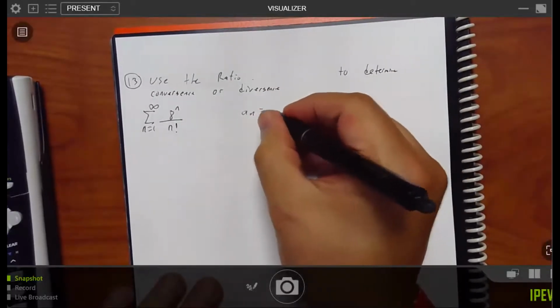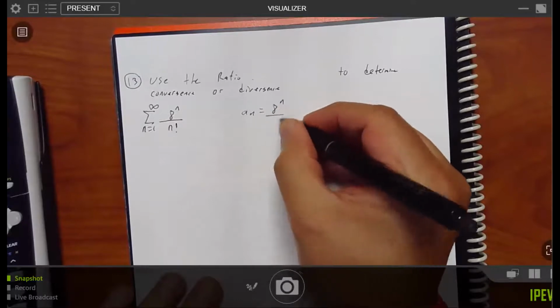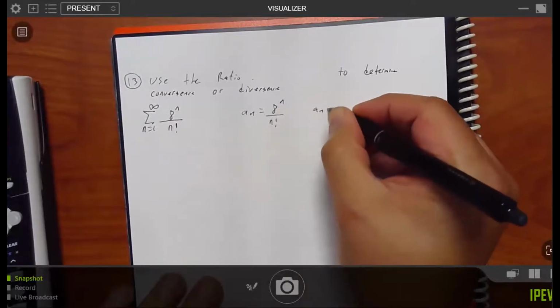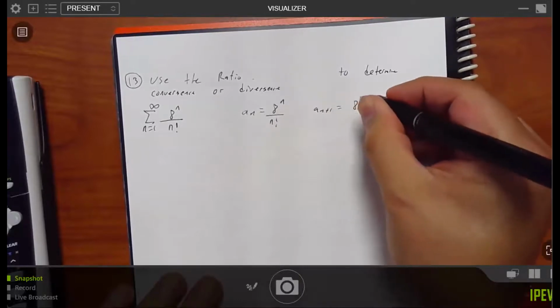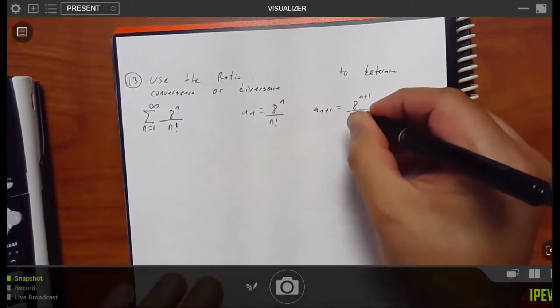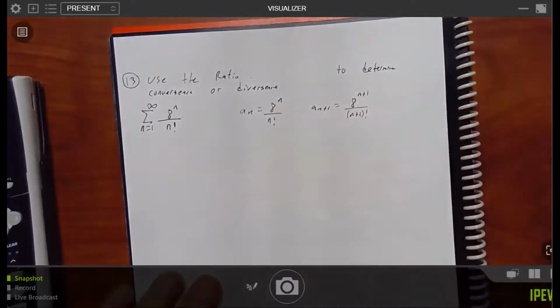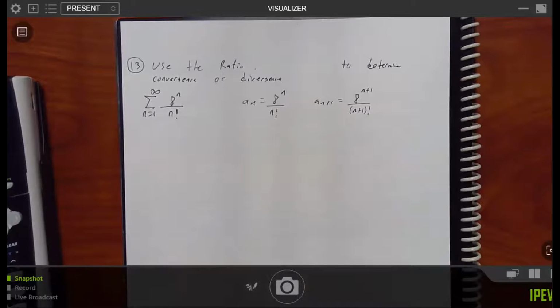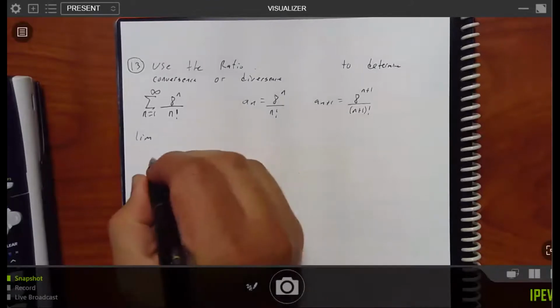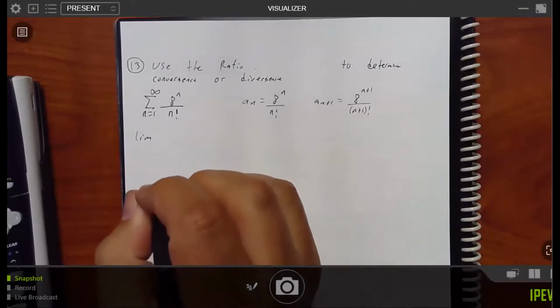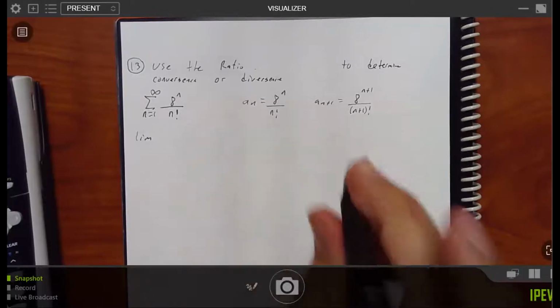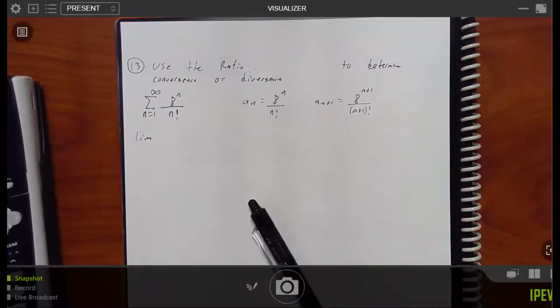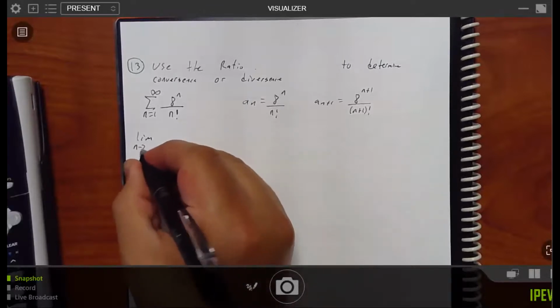So for ratio, we need to pick the a sub n and then add 1 to it for this part right here: 8 to the n plus 1 over n plus 1 factorial. So the limit is going to be a sub n plus 1 over a sub n. Which one's on top?